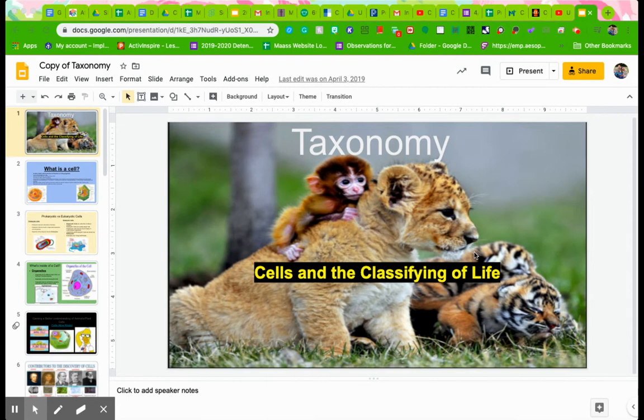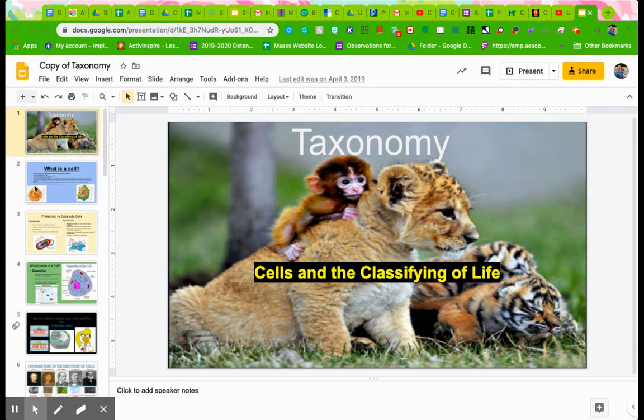Where we're going to start is really, really basic. So we're going to move into the topic of cells. Now, if you think of us, everything that's alive on Earth, anything that's living, is made up of cells.